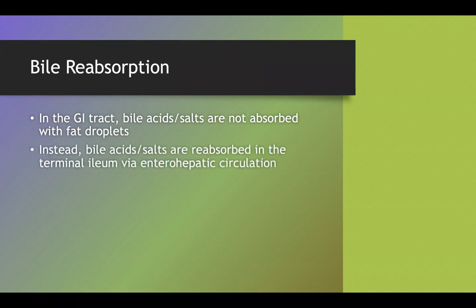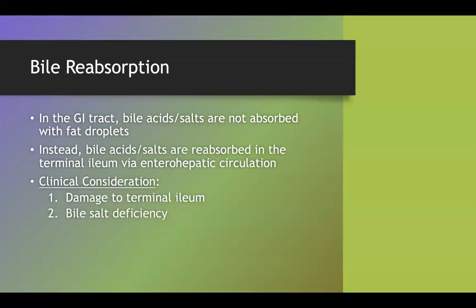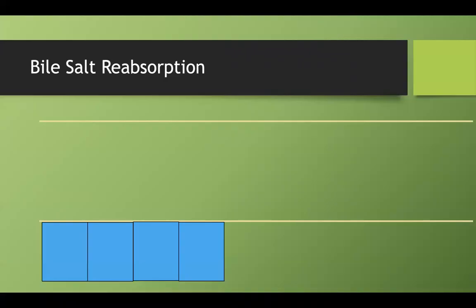So instead of being reabsorbed with the fat micelles, the bile salts get reabsorbed later on in the terminal ileum. And because of this location that it really prefers getting reabsorbed in the terminal ileum, if you have any damage to the terminal ileum, you can ultimately start having a bile salt deficiency and subsequent fat malabsorption.